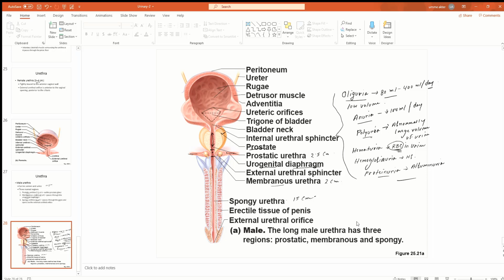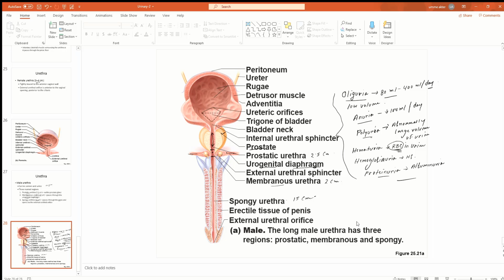Okay, and another clinical condition you very often hear is called nephritis. Probably all of you have heard, itis is inflammation. Nephritis is inflammation of the kidneys.